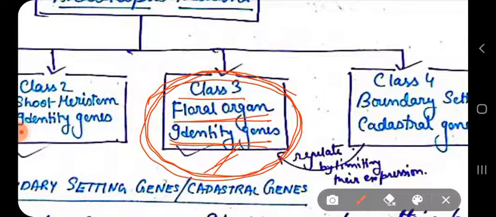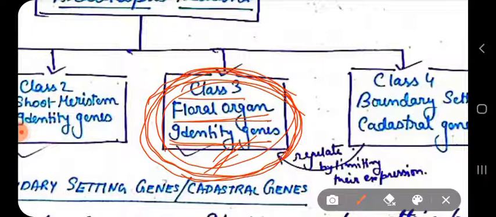by these genes. So these genes play a crucial role in where the sepals will grow, where the petals will grow, where the carpel will grow, where the stamens of the flower will develop. That is going to be decided by these floral organ identity genes.